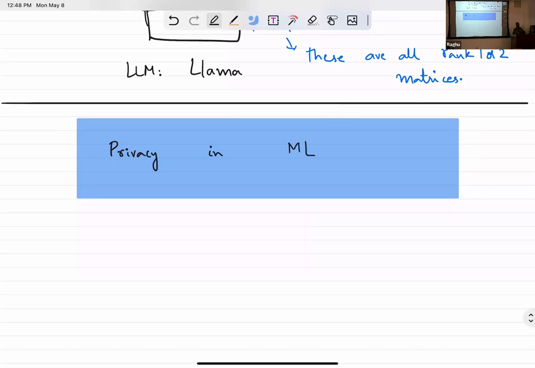Why I don't think needs much justification, but the what and how is very tricky, and we'll go over that over the next several lectures. First, let me say, let's think of why you might need privacy in ML.